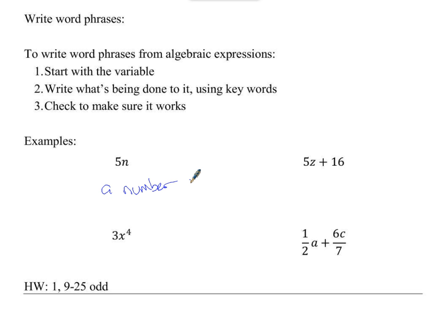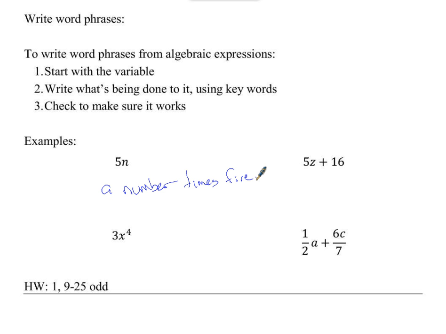So if you want to use the word multiplied by, fine. If you want to use some other word that means multiply, like what? Product of, times, then use that. A number times 5. Does that say 5n? Yes. Okay.